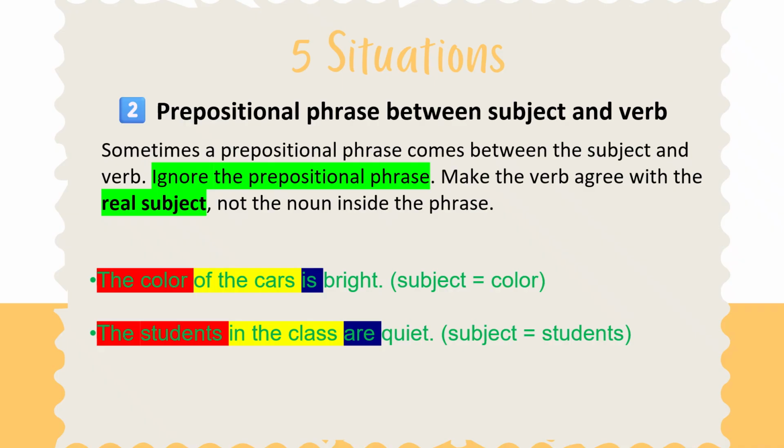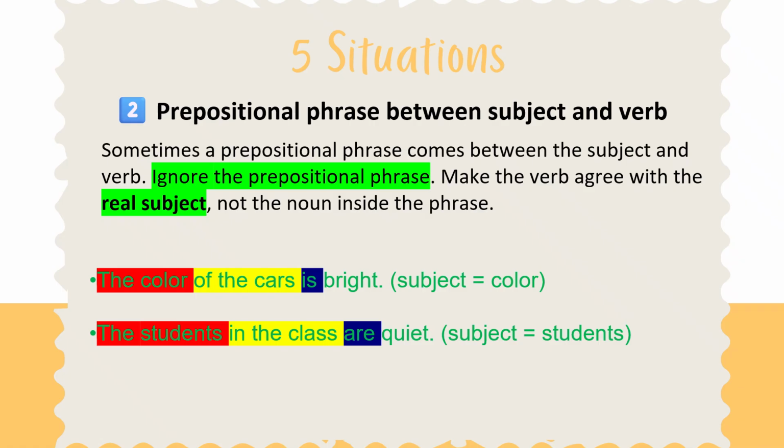The students in the class are quiet. In this sentence, there is one prepositional phrase, in the class. It looks like it is singular. But don't be tricked, because the real subject is the students.